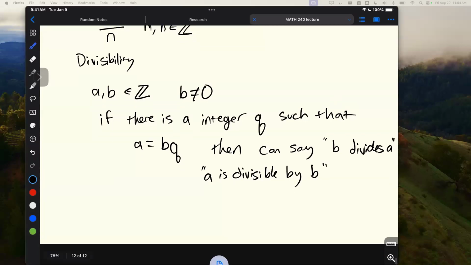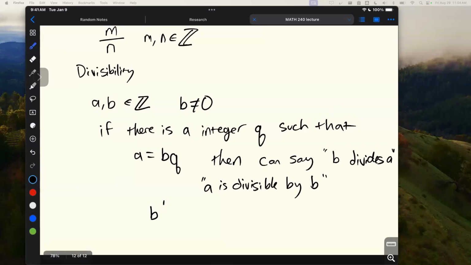And we can write it as b and then the pipe character on your keyboard, which is above the return key if you press shift. We write it b pipe character a. And the way we read this is we say b divides a. So if there's some number q that we can have in this formula, then we can say b divides a.